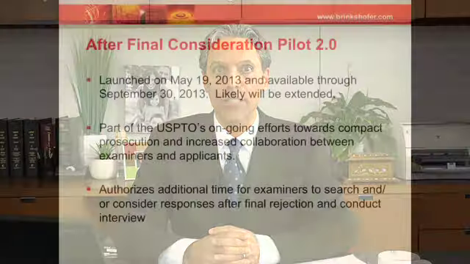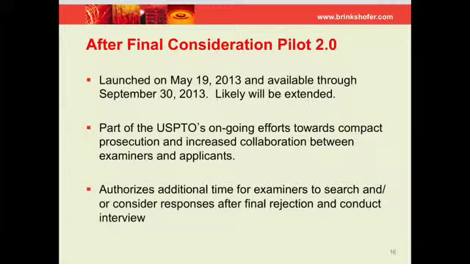Now, this pilot program is part of the USPTO's ongoing efforts towards compact prosecution. We had spoken earlier where the Patent Office reduced the credit given to RCEs, the first as well as second and subsequent RCEs, in order to provide a disincentive to examiners to just drag out prosecutions with a considerable number of RCEs.